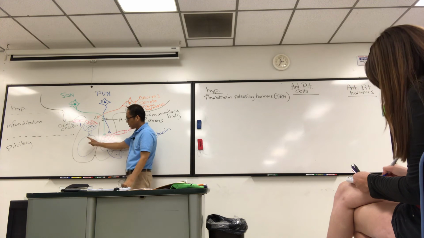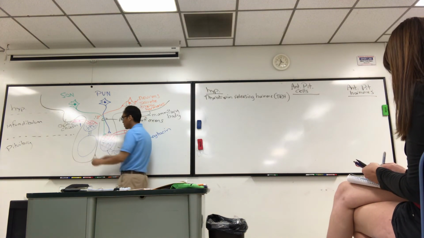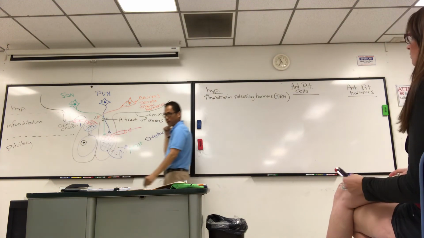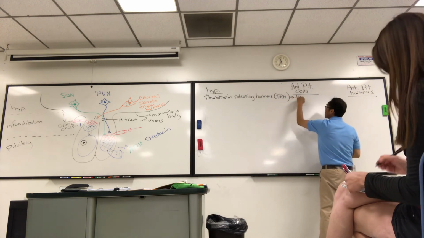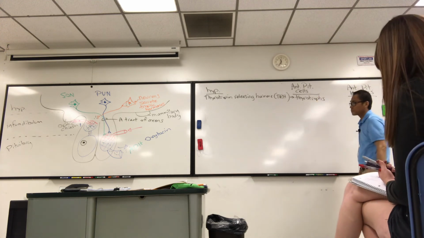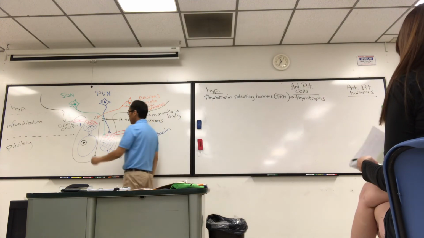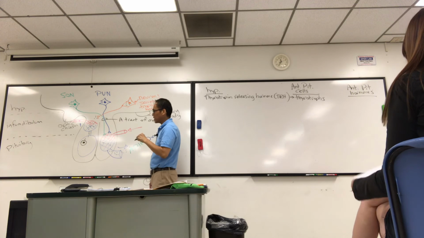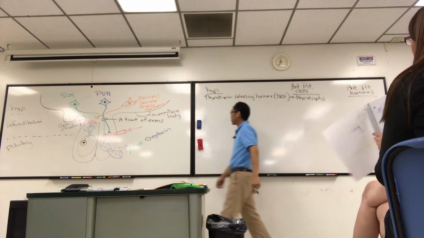It's going to stimulate specific cells in the ant pit called thyrotropes. I'm just going to draw a cell, and I'm going to name it over here. This hormone will stimulate thyrotropes. And so imagine TRH stimulating the thyrotropes to release a hormone called TSH, thyroid stimulating hormone, which we know from before.